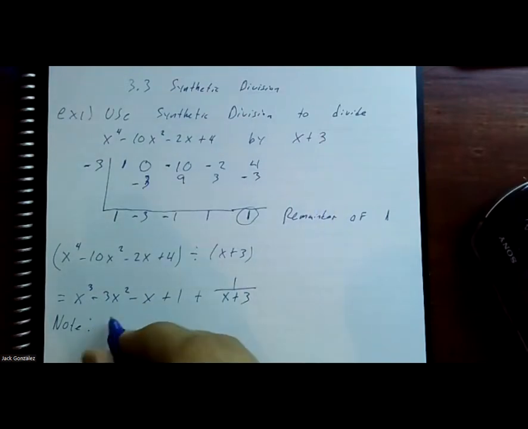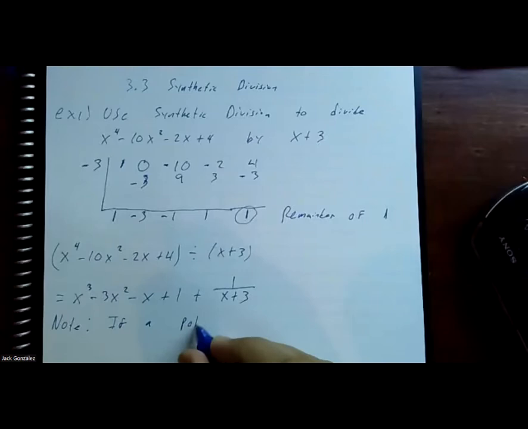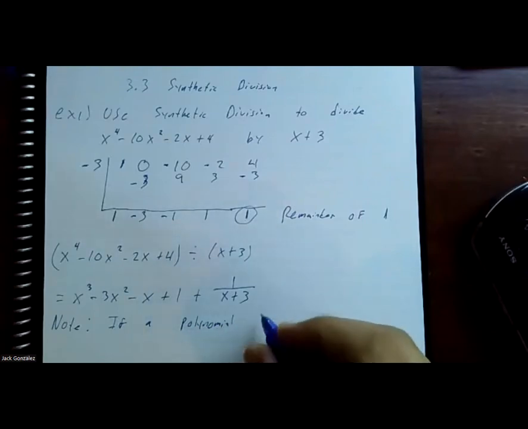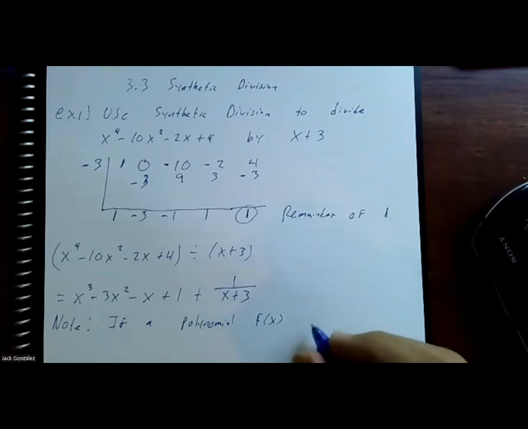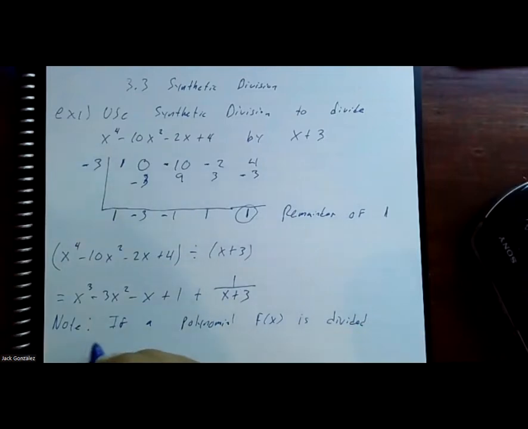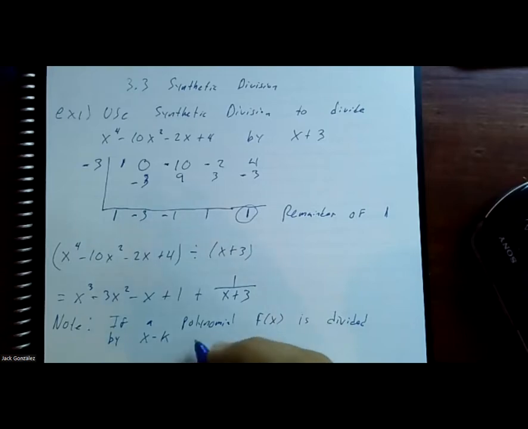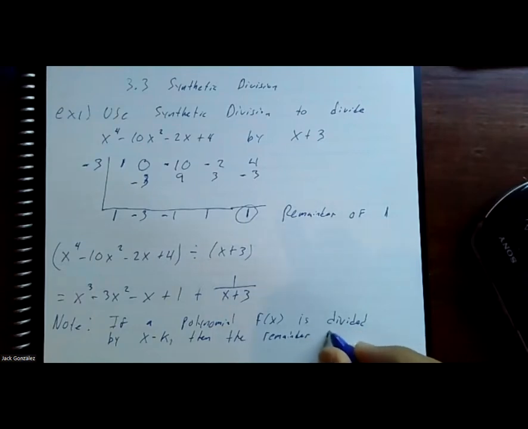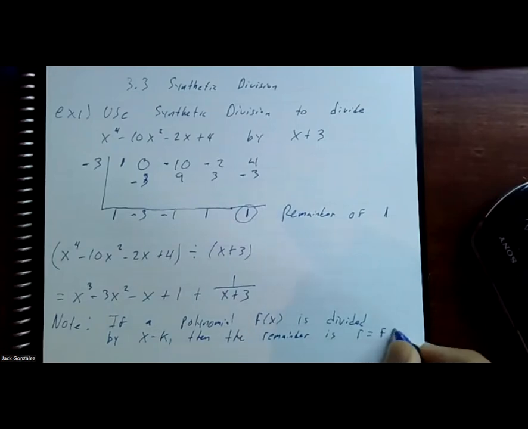So basically, if a polynomial f of x is divided by x minus k, then the remainder is r equal to f of k.